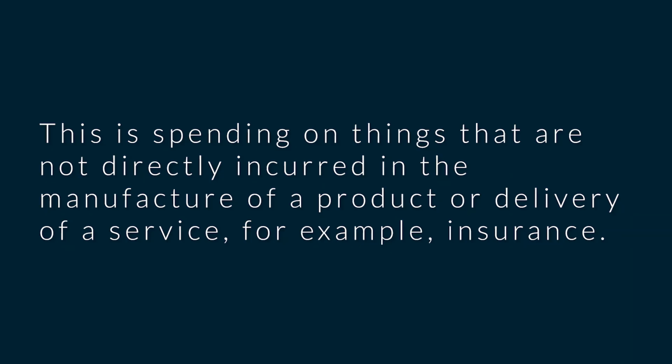What exactly do you mean by indirect spend in this case? It's revision, so you just can't say things and then they're not clear. What do you understand by that? What do you understand by indirect spend? So with indirect spend, we're talking about spending on things that are not directly incurred in the manufacture of a product or delivery of a service. For example, insurance, right?